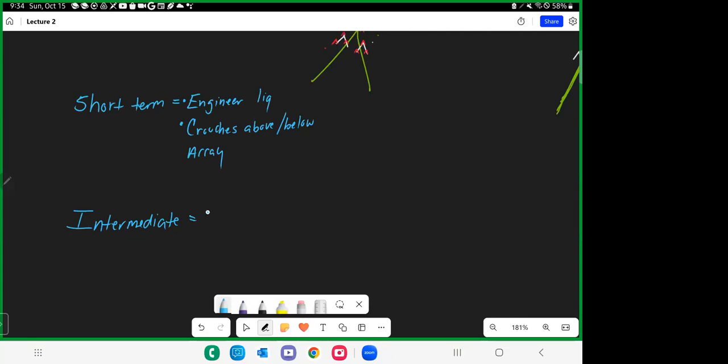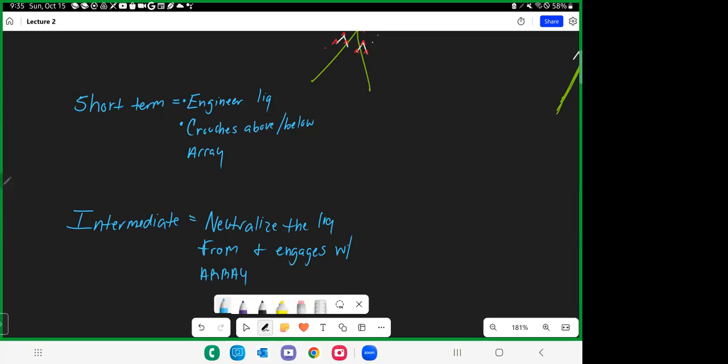Now, intermediate, this is the higher low that typically neutralizes the liquidity from the short term and also engages with the array. Now, does that mean that the short-term high or low can't trade into the array? No, that doesn't mean that. What it does mean is, be very mindful about taking the very first swing point into the array, because you can back test as much data as you want.